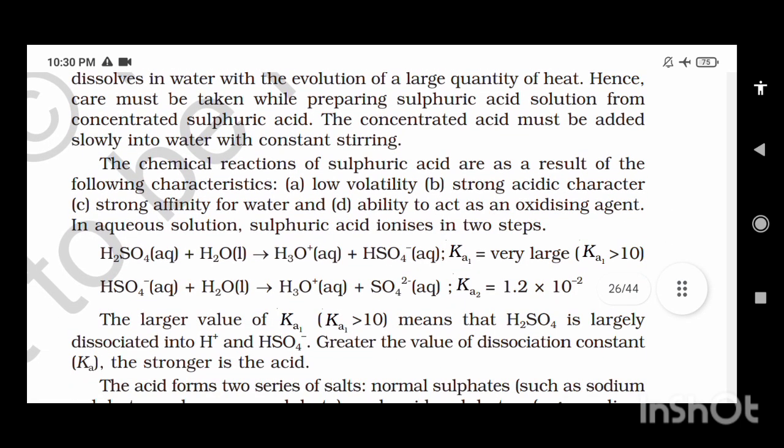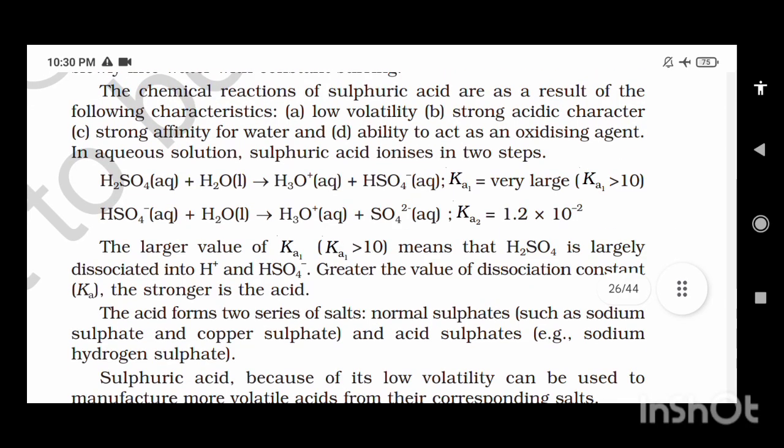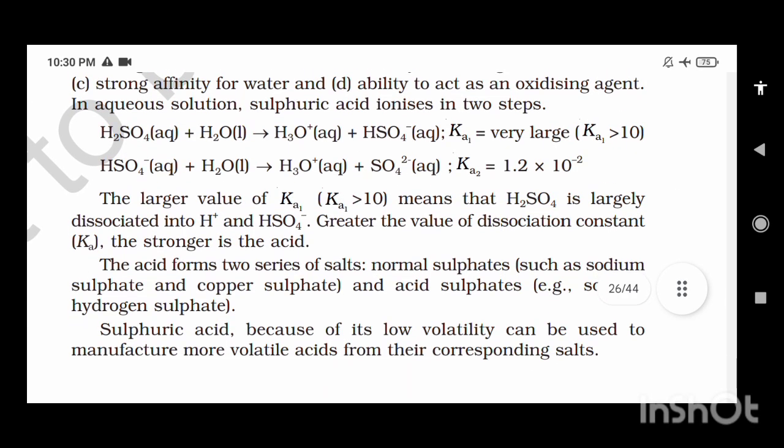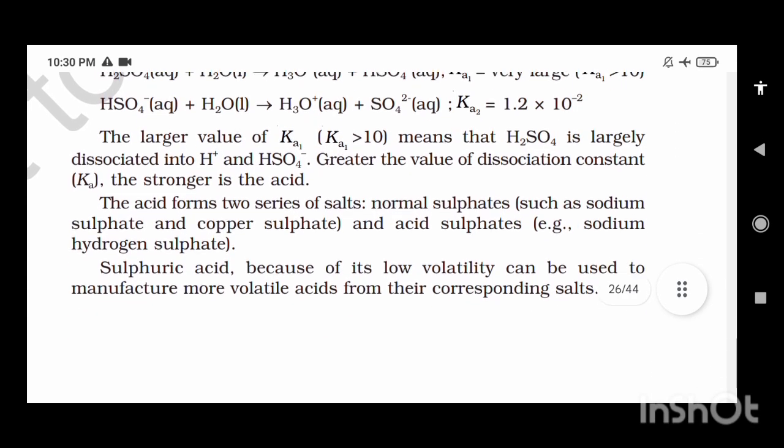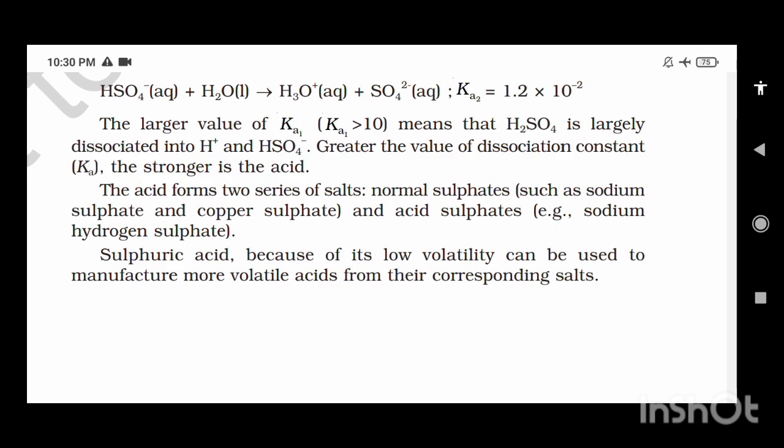The chemical reactions of sulfuric acid are a result of the following characteristics: low volatility, strong acidic character, strong affinity for water, and ability to act as an oxidizing agent. In aqueous solution, sulfuric acid ionizes in two steps. The larger value of Ka1, greater than 10, means that H2SO4 is largely dissociated into H+ ions and HSO4-.